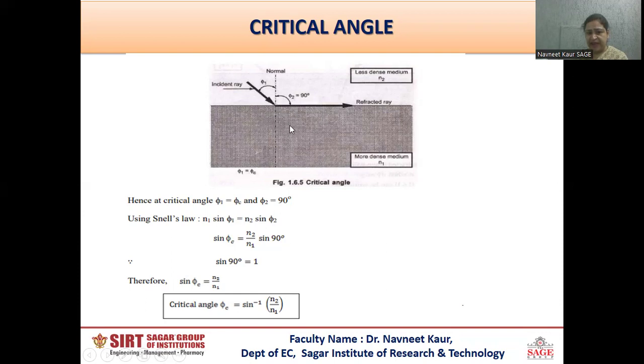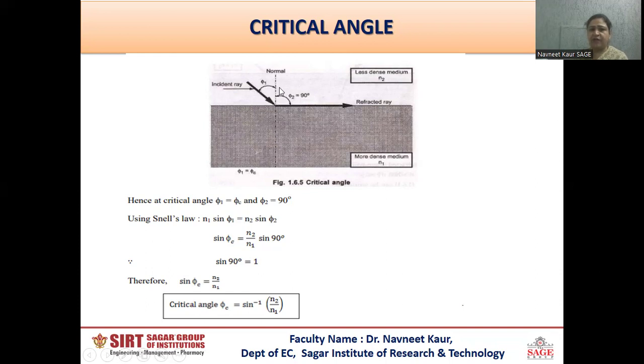That means this angle of refraction will now be 90 degrees. So here we have seen that when the angle of incidence goes on increasing, it will reach a point where this angle of refraction will become 90 degrees and this light ray will be shown parallel to this interface.